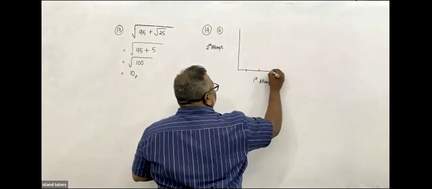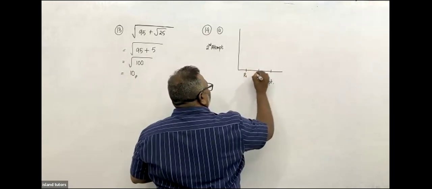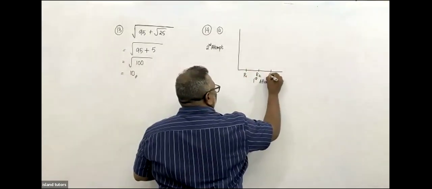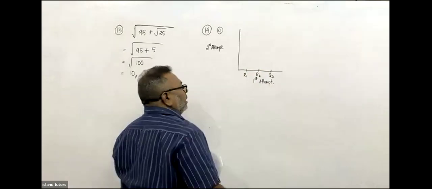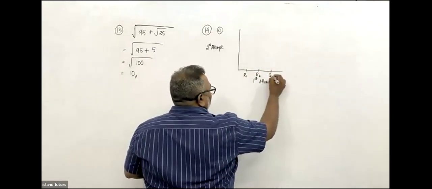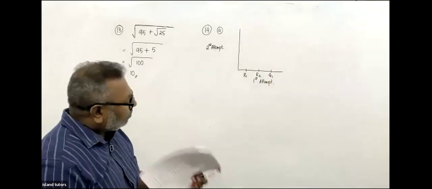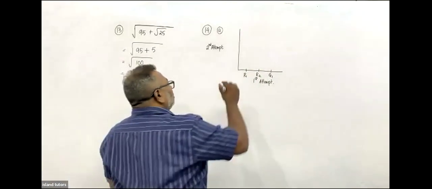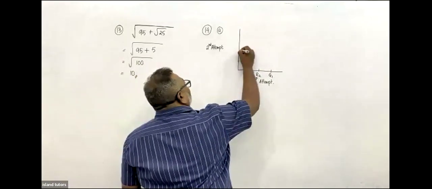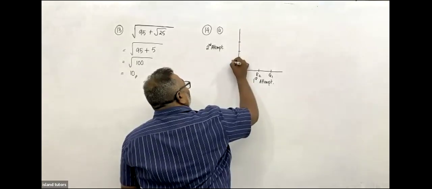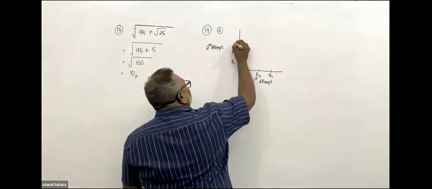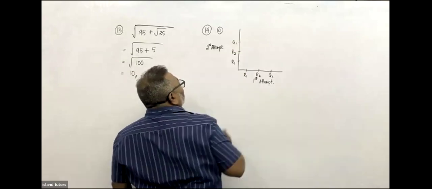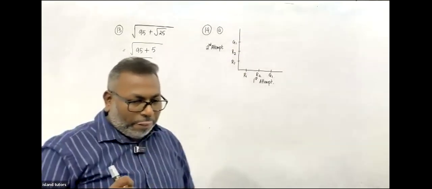So R1, R2, green one. And the second event also you have the same: R1, R2, green one.